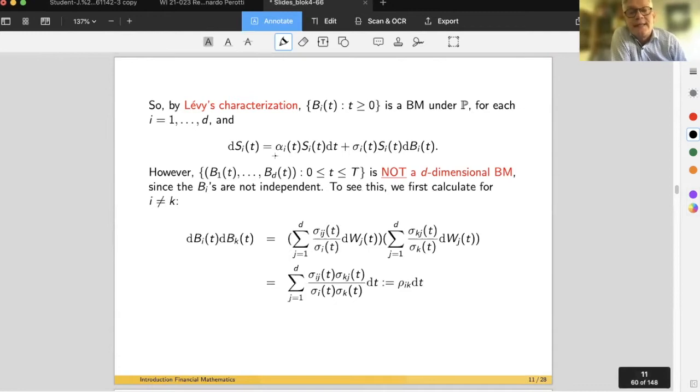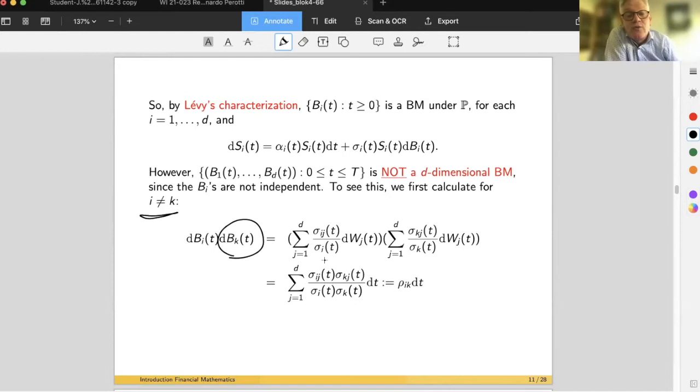So we look at the cross variation for i not equal to k. We look at dB_i(t) dB_k(t). If we write that out, then dB_i(t) is the sum, j runs from 1 to d, of sigma_ij(t) divided by sigma_i(t) dW_j(t). And then dB_k(t), we replace i by k. So that is again the sum, j runs from 1 to d, of sigma_kj(t) divided by sigma_k(t) times dW_j(t).